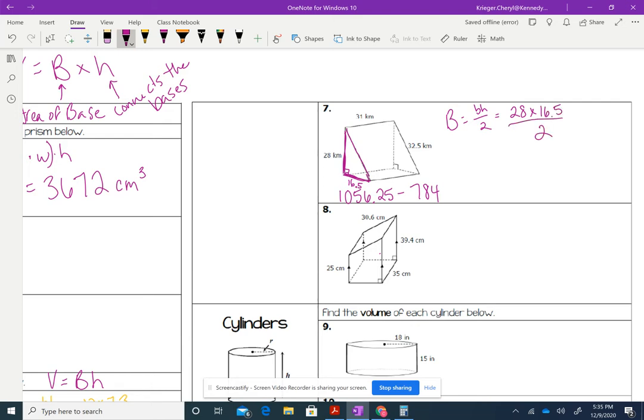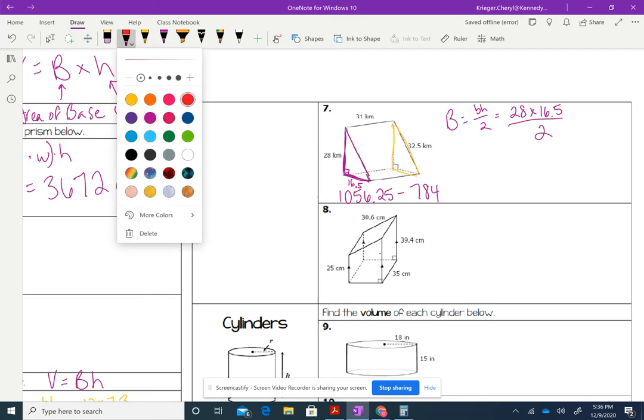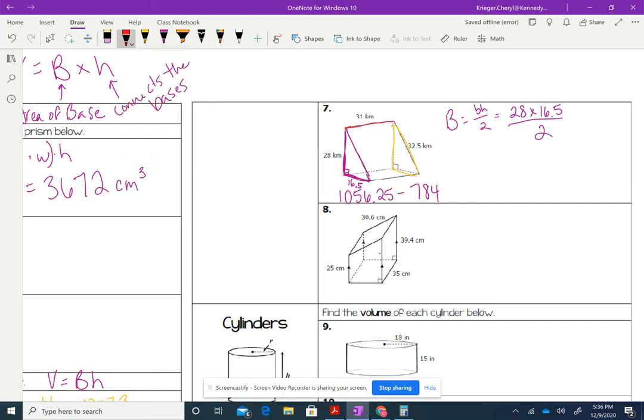Okay, and when I multiply that by the height, I need to look for the height. It connects my two triangles. So here's my other triangle. Right, what dimension connects them is this 31. Okay, so times 31.